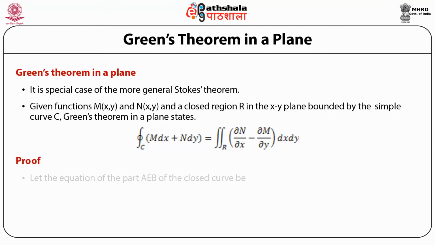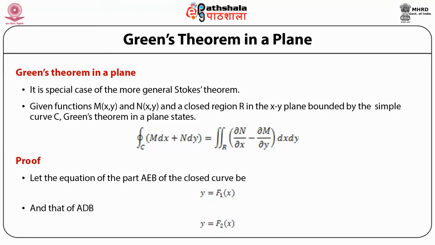Let the equation of the part AEB of the closed curve be y equals f1(x) and that of ADB y equals f2(x), as shown in the figure.